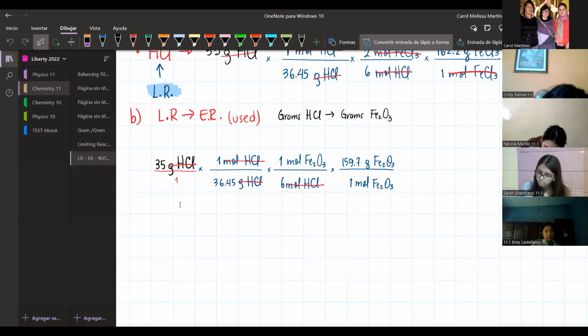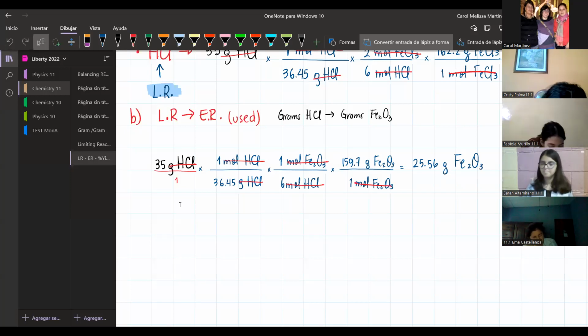I get rid of the units. How much did I get? 25.56 grams of iron 3 oxide.